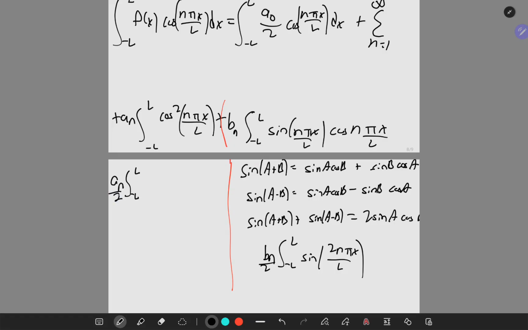So take out the 1/2. Well, it'll be 1 plus cosine of 2n pi x over L dx. Plus this, of course.